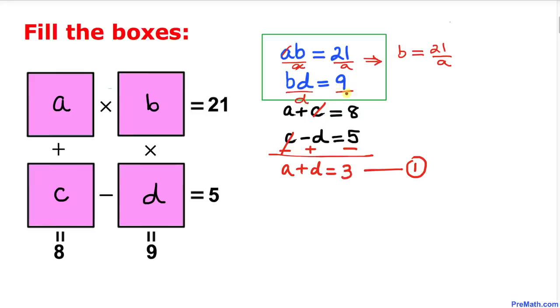D and D cancel out, and we ended up with B equal to 9 over D.